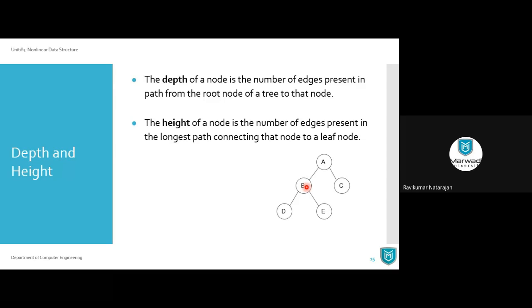That's why I asked what you understand from that definition. Number of edges present in the path. I want to calculate depth for B. What is the possibility to go to B? From A to B only you can go, right? And there is only one edge in that. So if you want to find the depth for D, what is it? Because from the root I need to find the edges connected to this node.